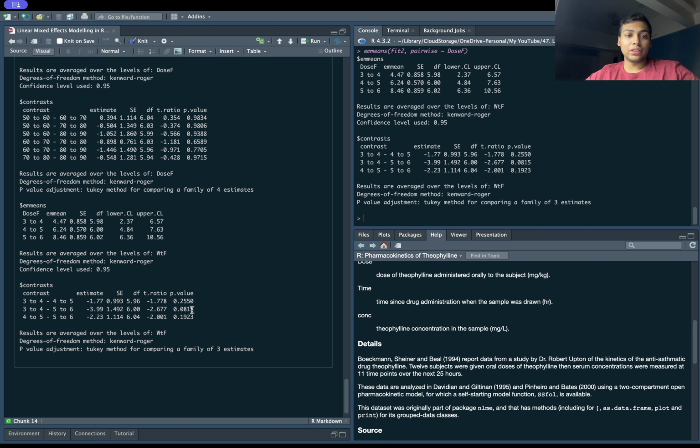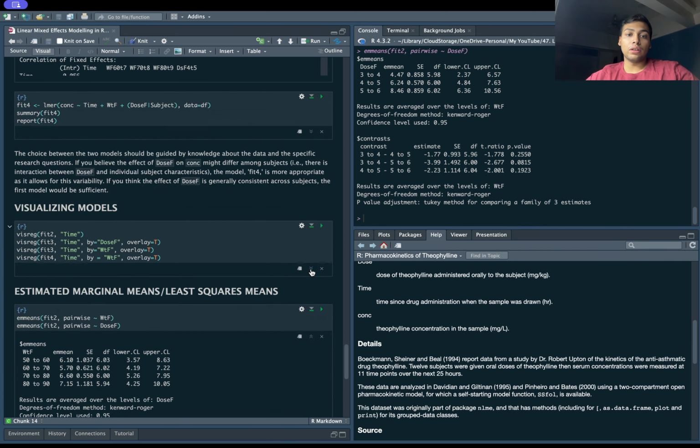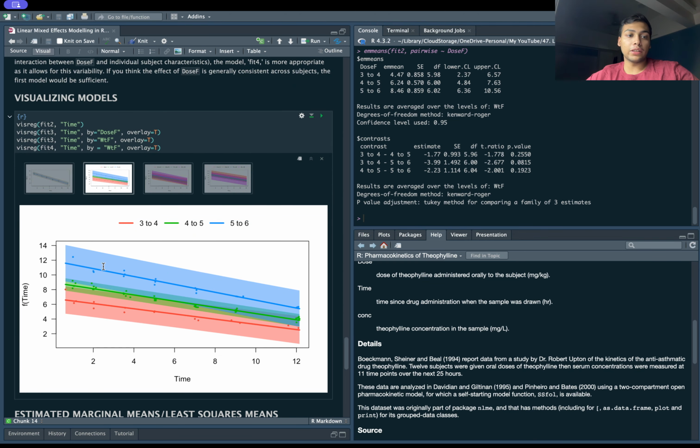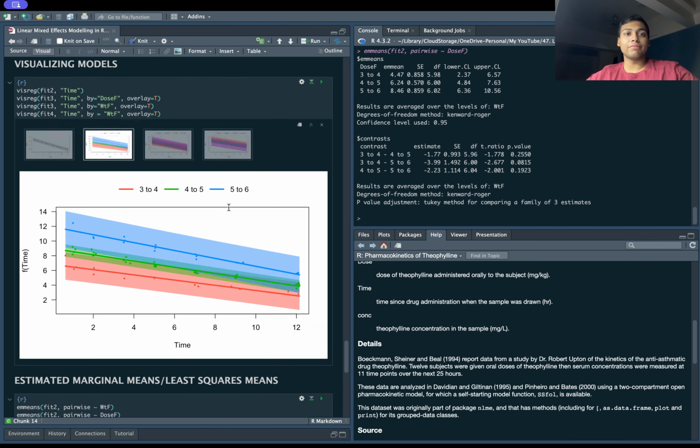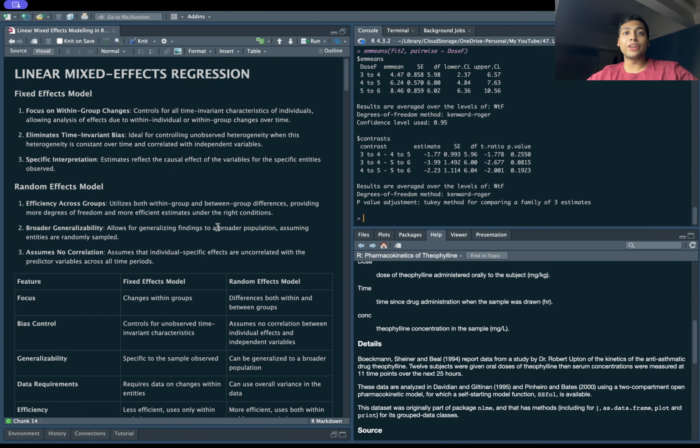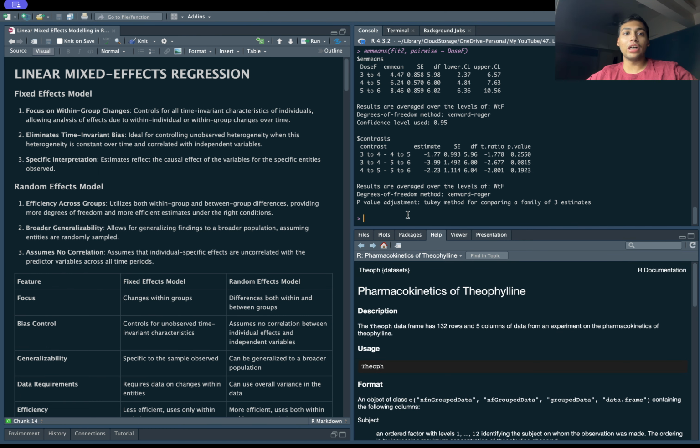That is it. And you can see a significant, well, not a significant, but almost tending to significant p-value between 5 to 6 and 3 to 4. That's what we saw in this graph as well, blue and red. So this was all about mixed effects models, linear mixed effects modeling, and I hope this was an interesting video on how to model. Basically, this gives you flexibility and freedom.